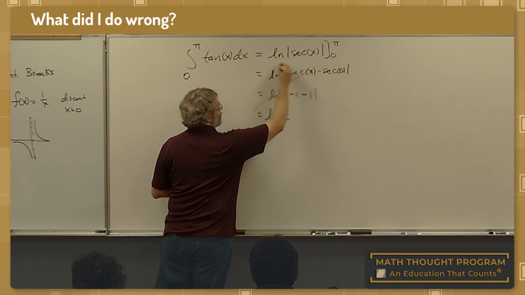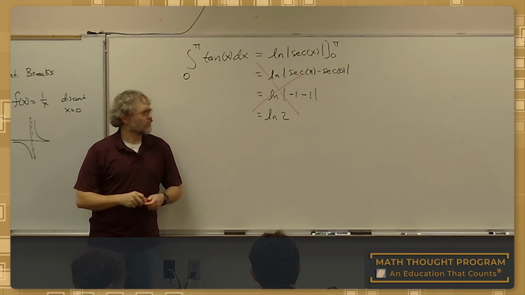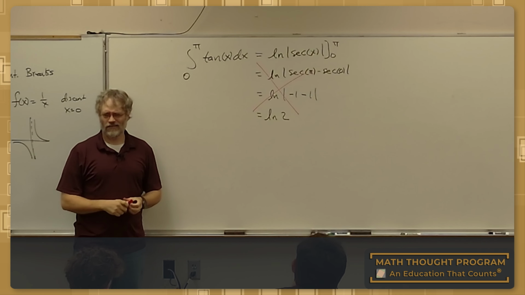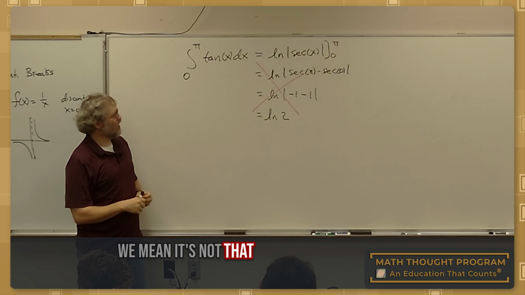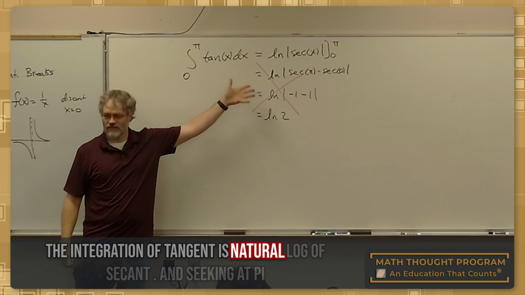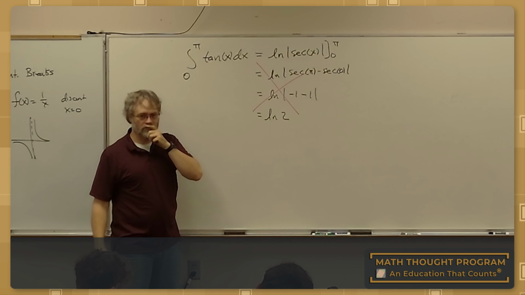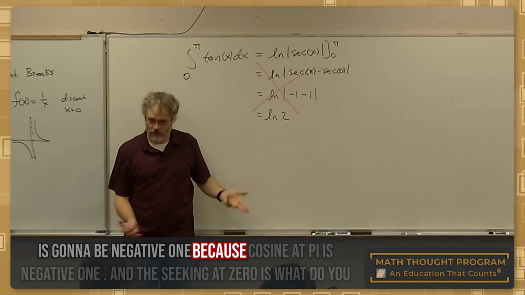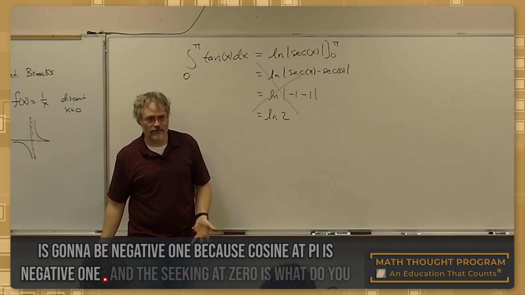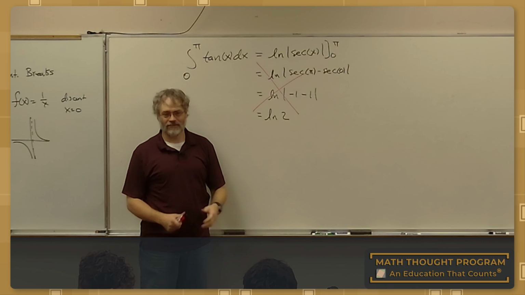It's not this. What do you mean it's not that? The integration of tangent is the natural log of secant. And secant at pi is going to be -1 because cosine at pi is -1. And the secant at 0 is 1. What do you mean that's not right?